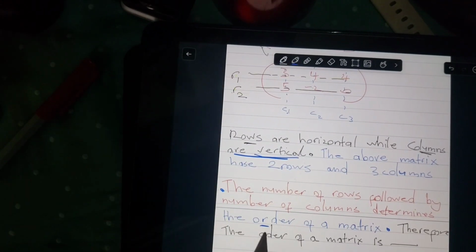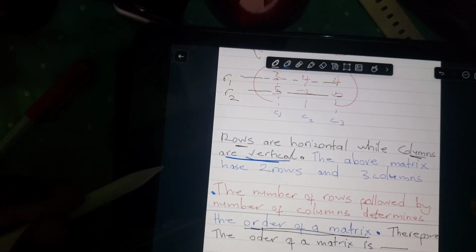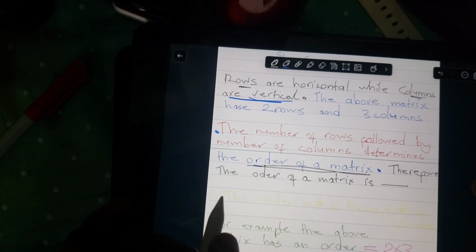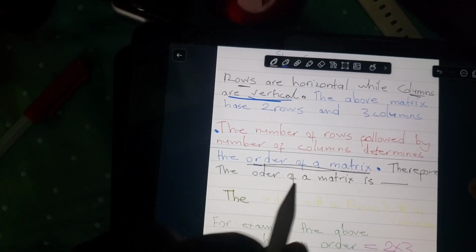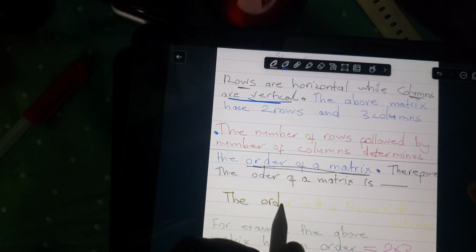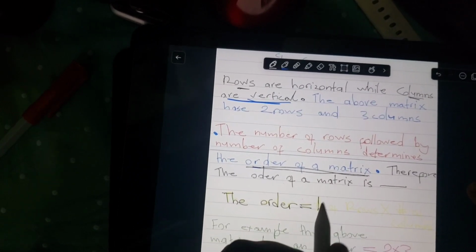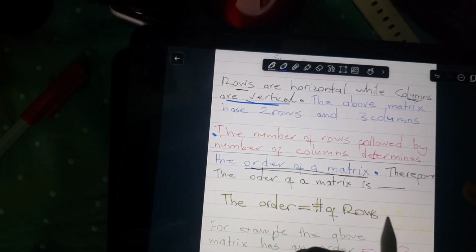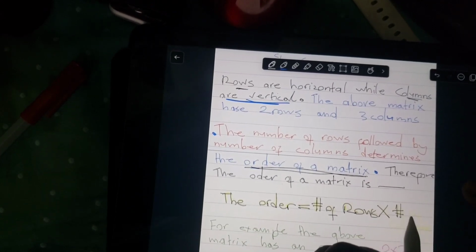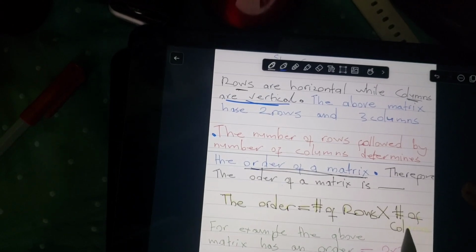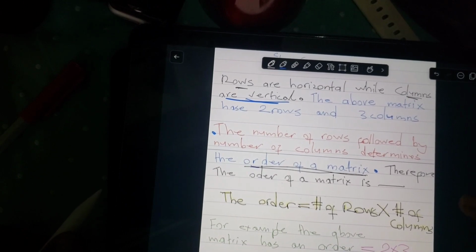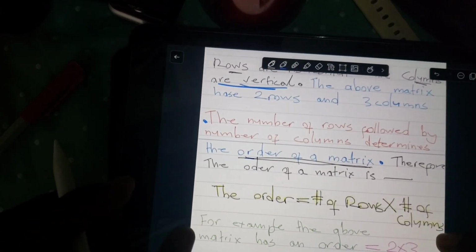So the order of a matrix is equal to the number of rows followed by the number of columns. That's how you define it.